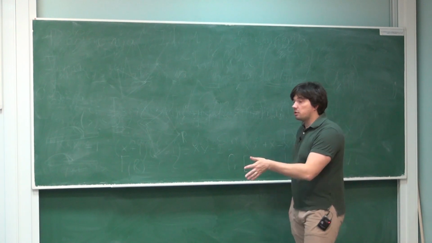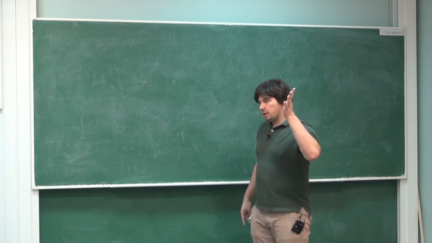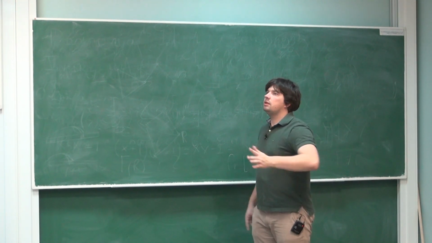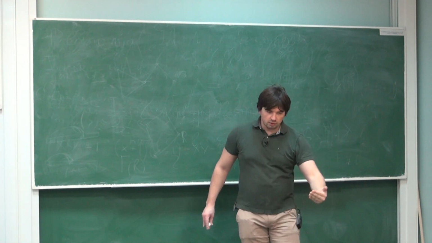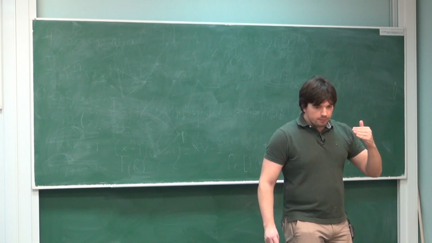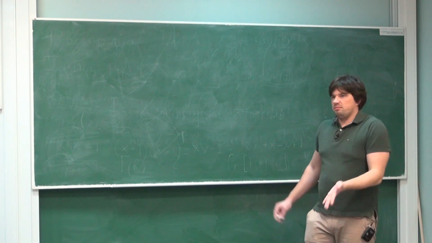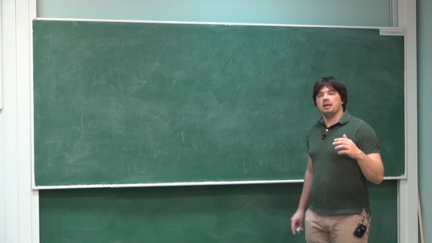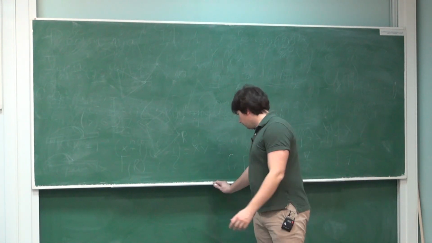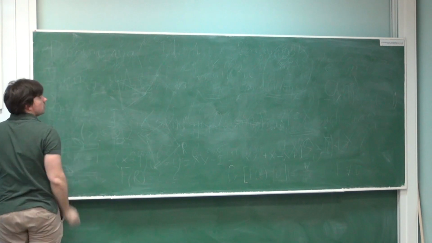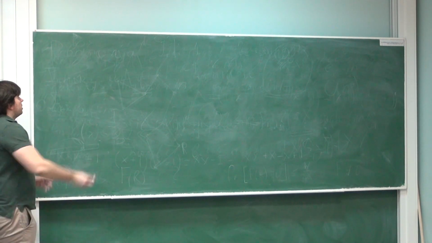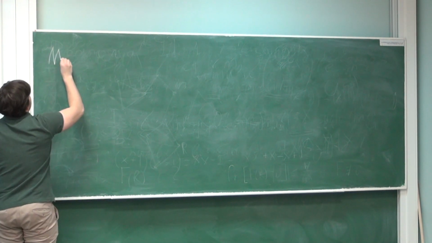So it will not be deterministic. It will typically run very efficiently, but sometimes it can run basically as long as it wishes. So the question we are going to discuss is the median problem.